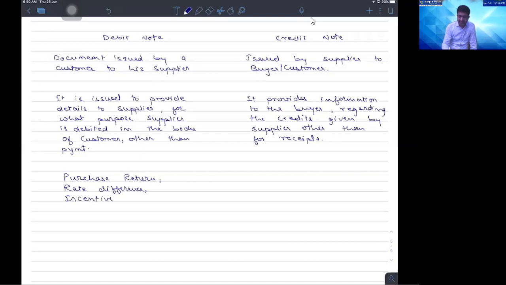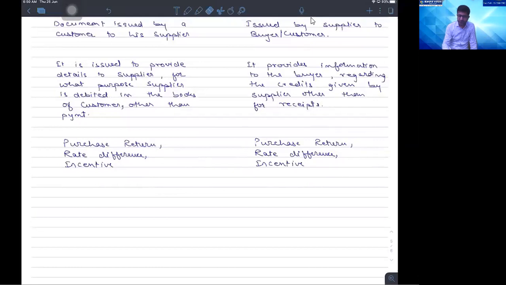Similarly, the credit note is issued for the sales return, or for that matter, the rate difference or incentives. So whenever the supplier wants to adjust the account of buyer, or the buyer wants to adjust the account of supplier, the document that you issue is the debit or credit note, and this document becomes the base for recording the various transactions in your purchase return book or in the sales return book.